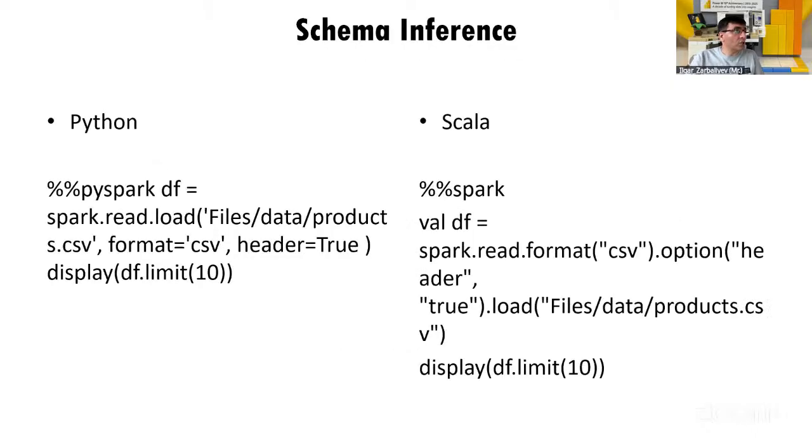In a Spark notebook, you could use the following PySpark code to load the file data into a data frame and display the first 10 rows. Here, we have used Python code, and it starts with %%pyspark, then df for the data frame.